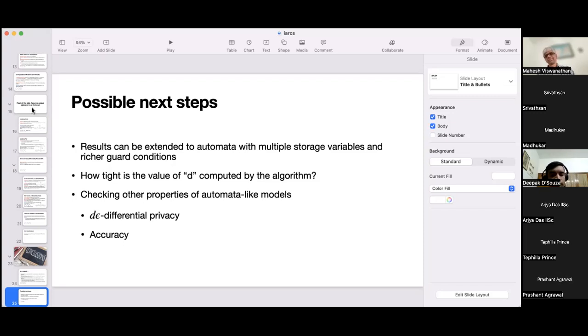Yeah, I had one question. Yeah, go ahead, Prashant. So with respect to the first version, where you talked about, is there a D such that the algorithm is D epsilon differentially private, is there a limit on D that you are interested in? Because if D is arbitrarily large, then this question is trivial, right?